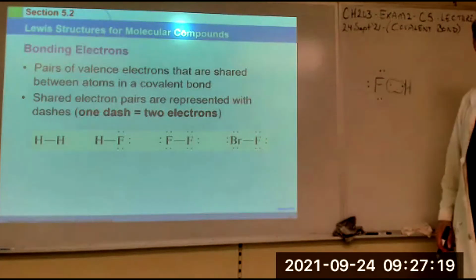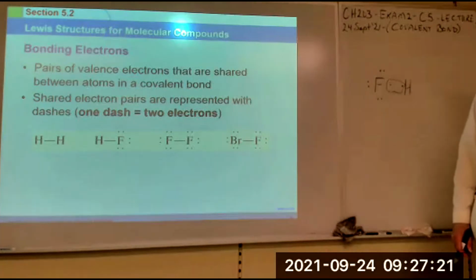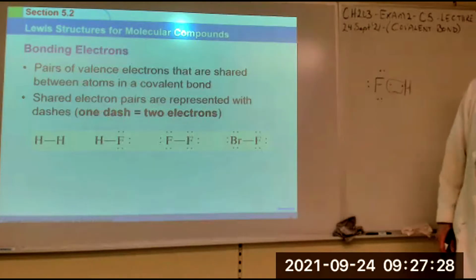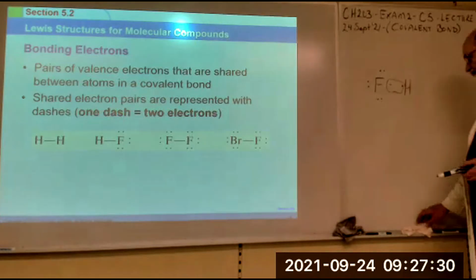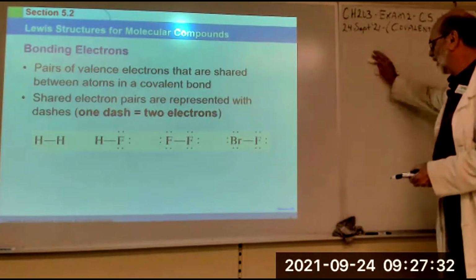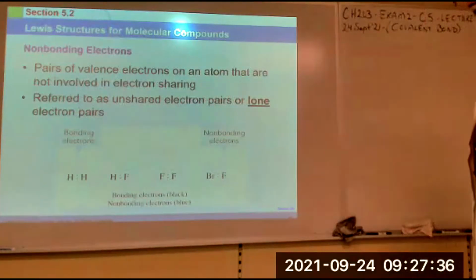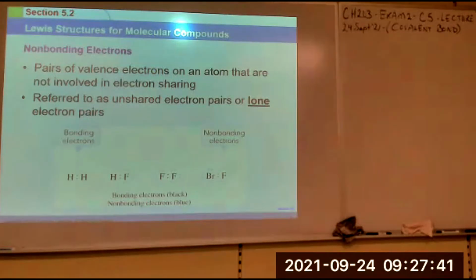Bromine and fluorine have the same number of valence electrons, right? They're in the same family. Bromine and chlorine, or bromine and fluorine, can bond by sharing electrons. Look at them first.